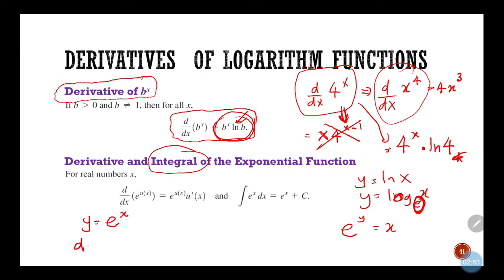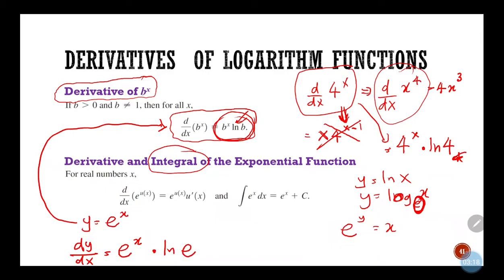Dia punya derivative is dy/dx. This is part of function yang follow this rule. Okay, sebab dia sama je. E ni constant, power of x. X the variable. The power is variable. So, the derivative of e to the power of x, maksudnya kita copy balik soalan, e^x multiply dengan ln apa?